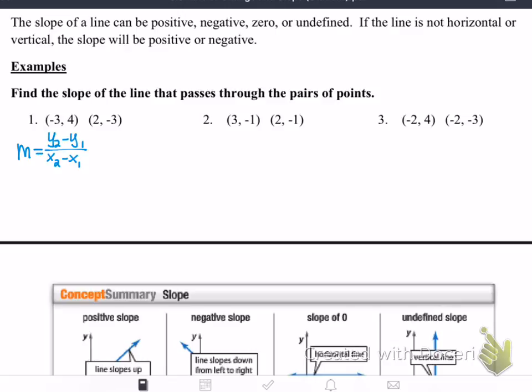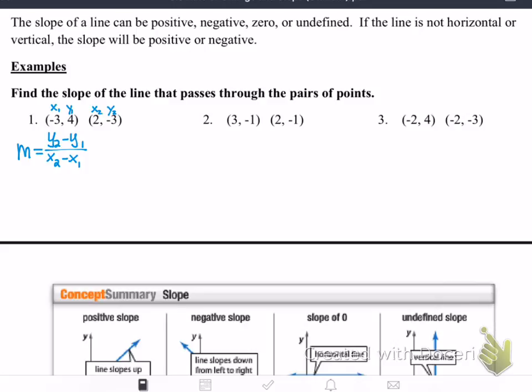Both of these coordinate points are x comma y. Since there are 2 coordinate points, we call one the first one and the other the second one, and that's where we get the x2 and the y2 and so on.